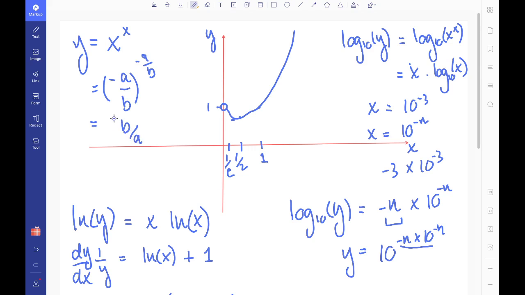Just call it b over a, minus, to the, then we call it the bth root, and then multiply by a. Okay. So does this work? Does this make sense at all? So the bth root of a negative number will in fact be an imaginary number. So we can't really plot it on an xy grid like this, on an xy diagram. So that doesn't work for fractional values, but perhaps it does work for whole number values.